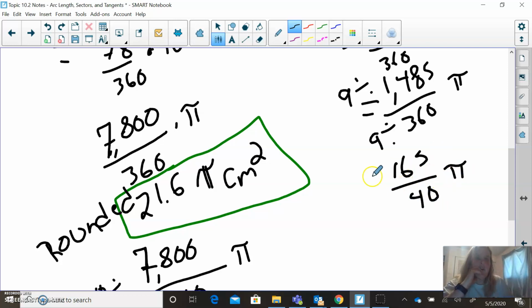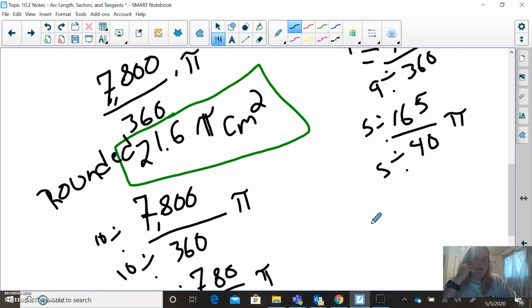Then we also need to simplify again. We're not in the simplest form. 165 is divisible by 5 because of the 5 at the end, and 40 is divisible by 5 because of the 0 at the end. So we're going to divide by 5. 165 divided by 5 gets you 33 pi, and 40 divided by 5 is 8.